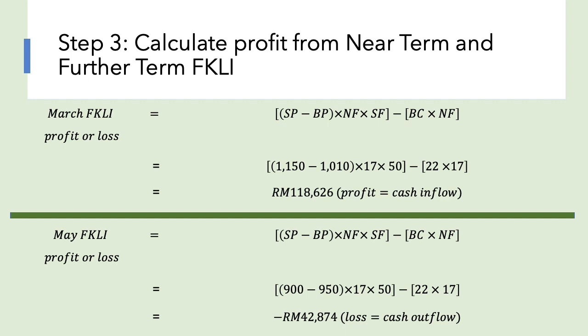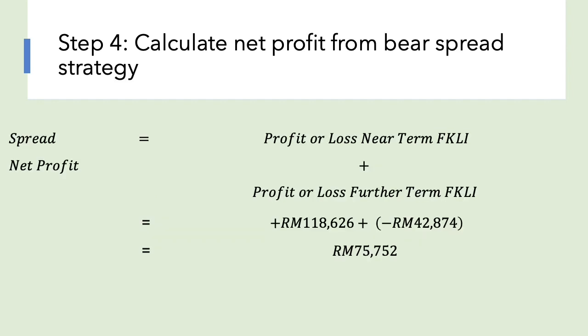Step number 3, you need to calculate profit from near-term and further-term futures. For near-term futures, you get positive 118,626, which is the profit, so equal to the cash inflow. For May FKLI, you get negative 42,874 ringgit, which is a loss, so loss is cash outflow. So if you look at step number 3, I change the formula to FKLI formula.